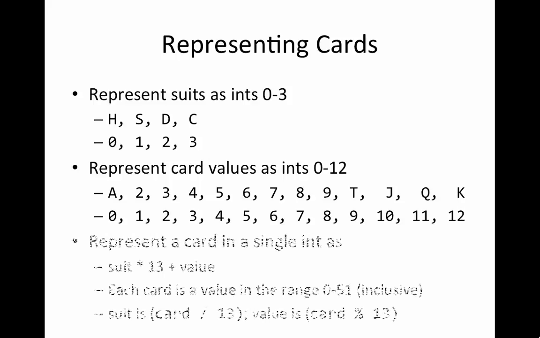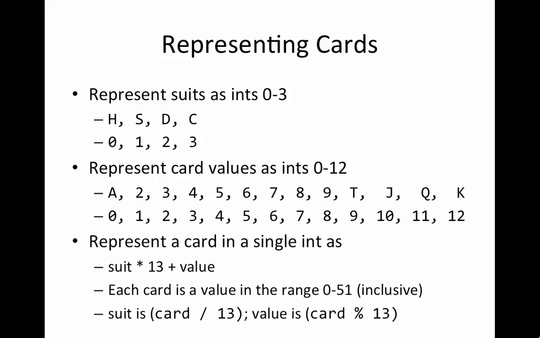One way we can do that is to say that a card as a single int will be represented as the number suit times 13 plus the value. Alternatively, same logic, we could have said that it would be value times 4 plus the suit.